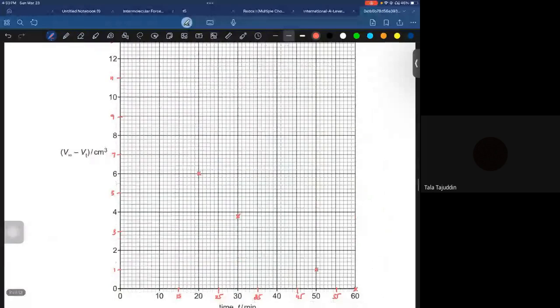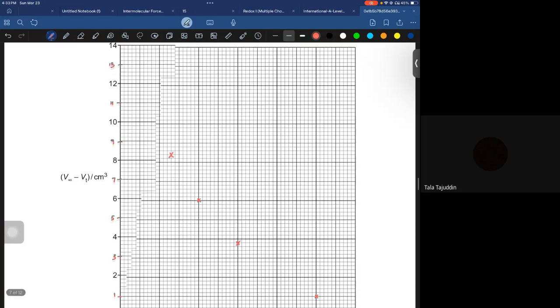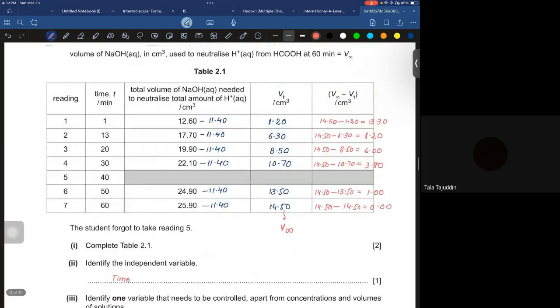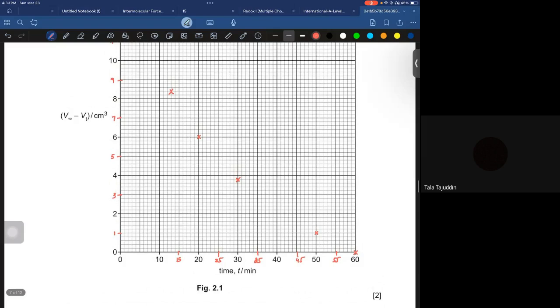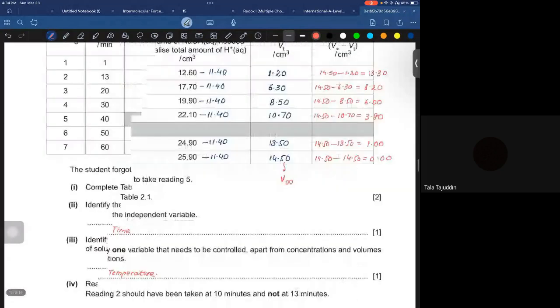So 11, 12, 13. Then at 1 minute, the value is 13.3. At 1 minute, the value is 13.3.